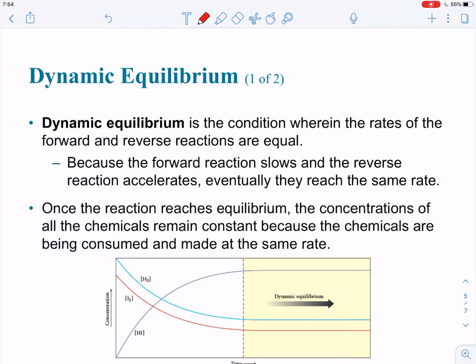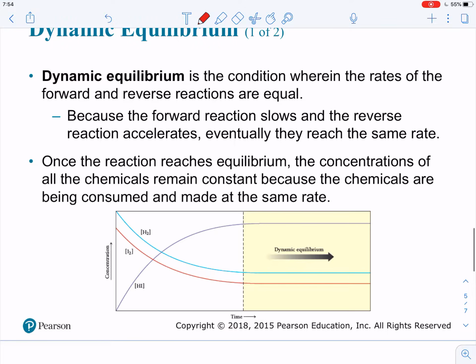What does that mean? It means that those reactions are constantly happening. Okay? It's not that the reaction will stop at some point. I mean, it can. If the reaction goes to completion, then once the reactants are gone, the reaction stops. In chemical equilibrium, there is no such thing, because the forward reaction will continue to happen.